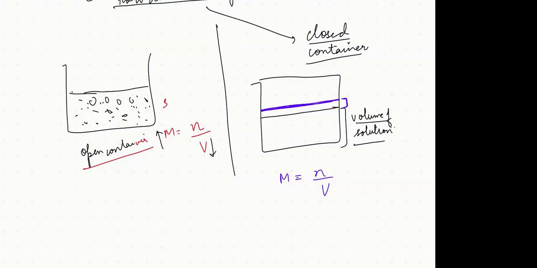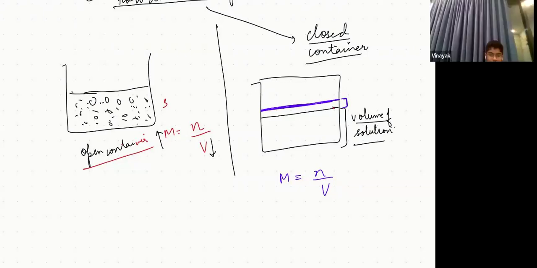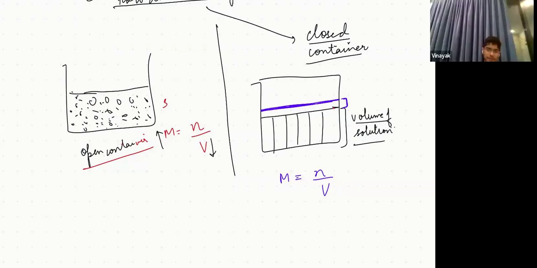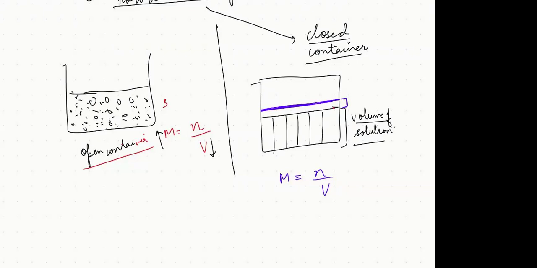Hence it would be less sweet. The sugar that was dissolved in this part would now be spreading over a little more area, so moles per liter would decrease, and hence molarity will also decrease. You have to understand that the default case is the closed container.